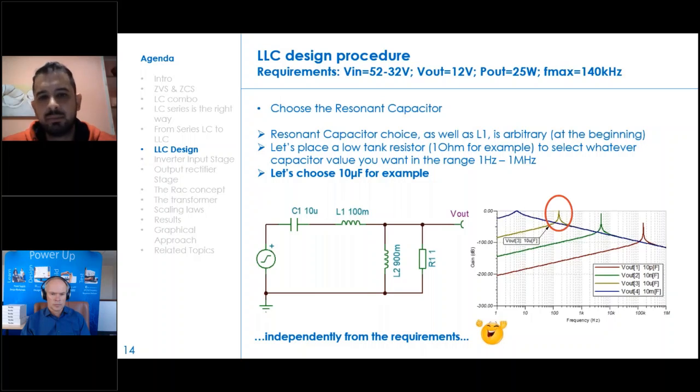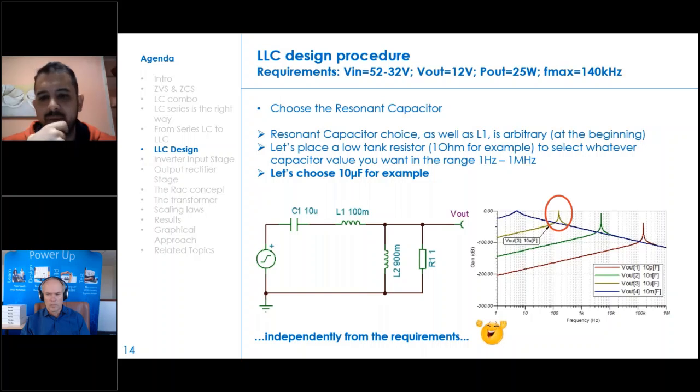The same. Let's choose a capacitor in a completely random way at the beginning, just at the beginning. So to do that, to select the capacitor, let's place a low tank resistor. Here is 1 ohm, for example, to select whatever capacitor value you want in the frequency range that is under study.